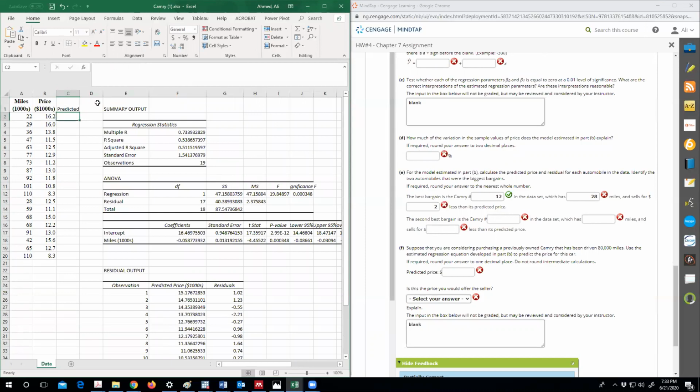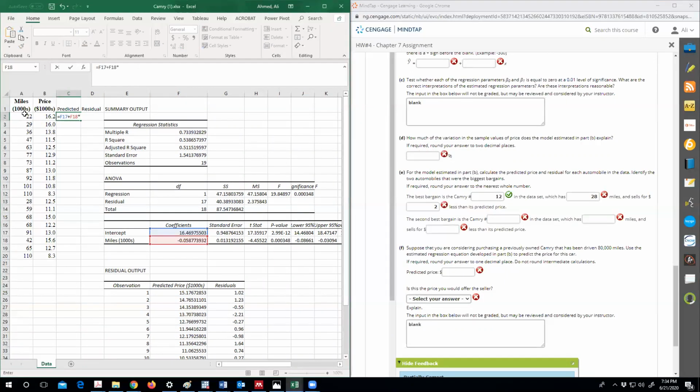So let's create the predicted and the residual here. We can create these columns exactly. Predicted is this value plus this value times the product of this value. Then we make this one absolute and this one absolute, because if we don't put the dollar sign, we cannot drag it down.